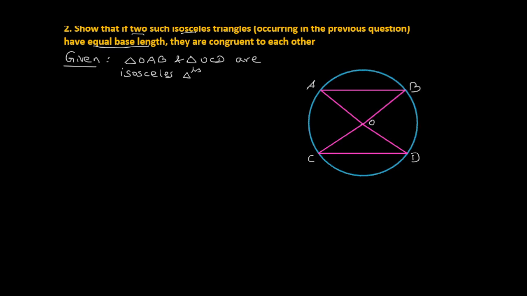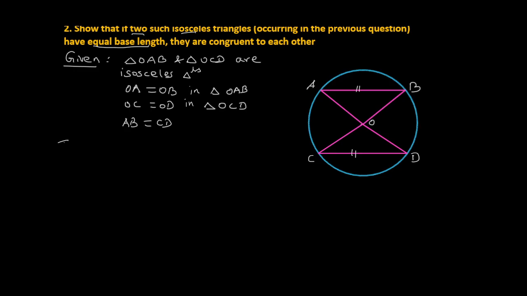Isosceles triangle means in triangle OAB, OA is equal to OB, and in triangle OCD, OC is equal to OD. We proved that in the previous sum. One more piece of information is also given in this question: equal base length. Which is the base? The chord is nothing but the base. These are the bases, and AB is equal to CD. This is also a given condition.